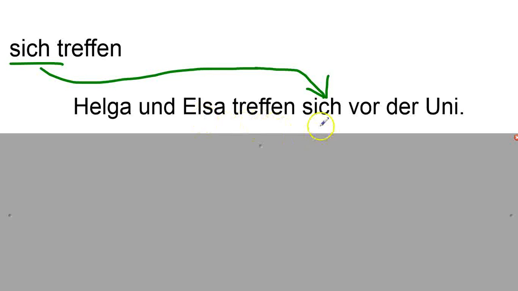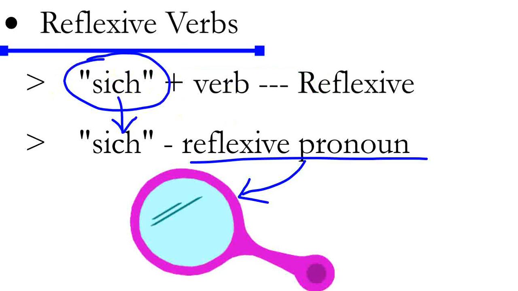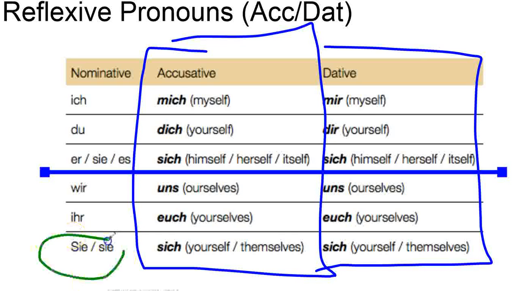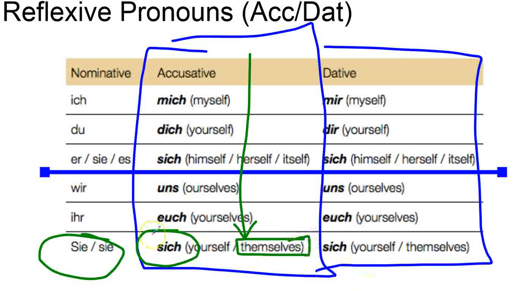They meet themselves in front of the university. So sich requires that it corresponds to the subject of the sentence. So Helga and Elsa is they. It's the accusative case. So we use sich. They meet themselves. I know it sounds weird if you're speaking English, but that's how it works.